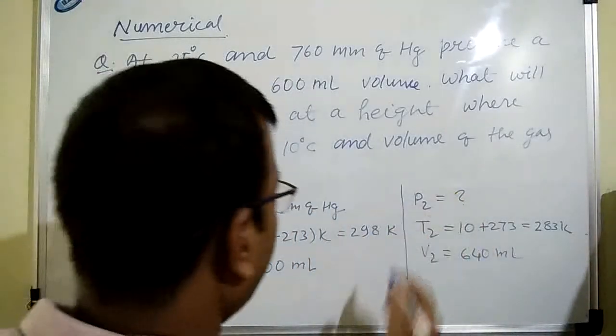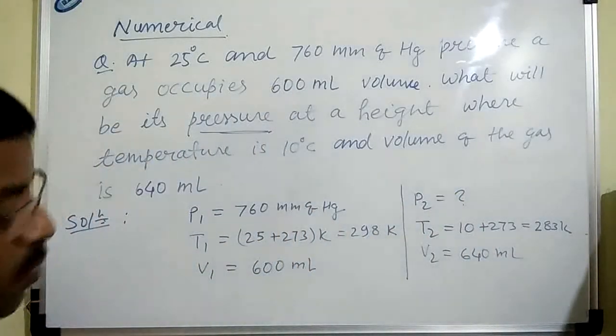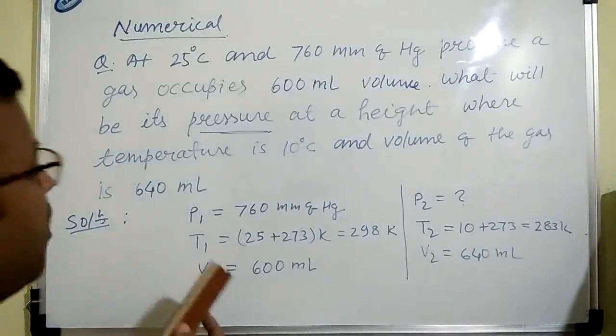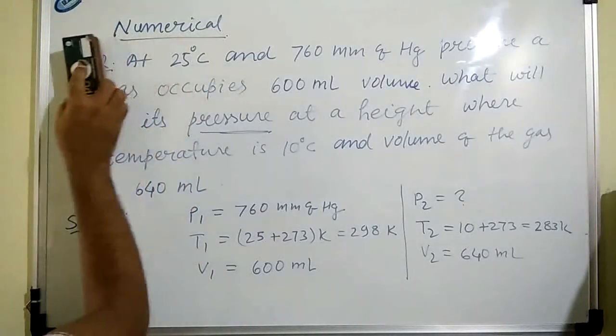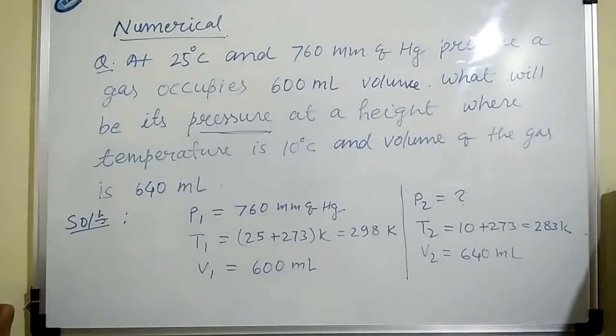So P2 is unknown, so we will use the formula. Now I am removing the question. I think you might have noted; if not noted, then take a screenshot.